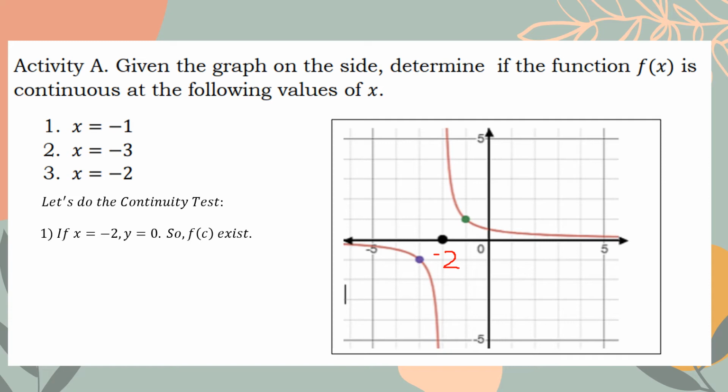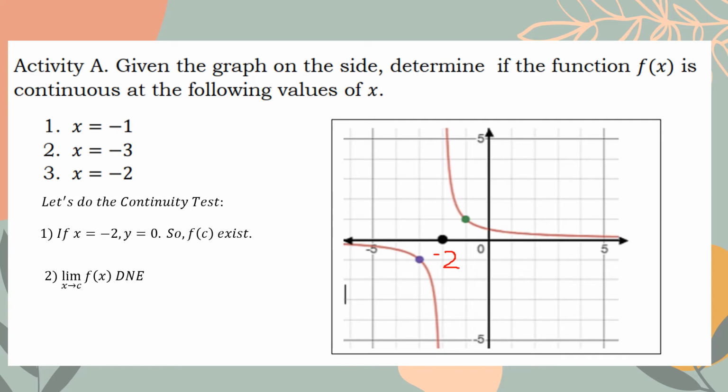Obviously, this is 0. Does it exist? Yes, it exists, clearly, because it is a solid circle. So f of negative 2 is 0. It exists. Next, the limit of f of x as x approaches c. The answer here is does not exist. Let's try to find out.